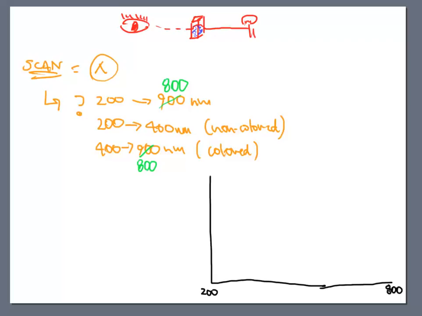I put this sample into the machine, I close the door, I hit scan. It says, what do you want me to scan? I type in 200, I type in 800, and I tell it to scan the entire thing. All of it, the UV and the visible portion, because I don't know squat about the sample. And I want you to tell me where the best number is that I should be measuring this sample.